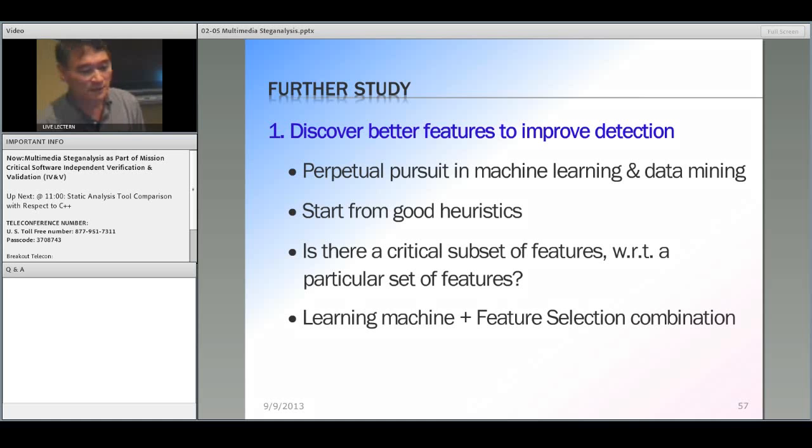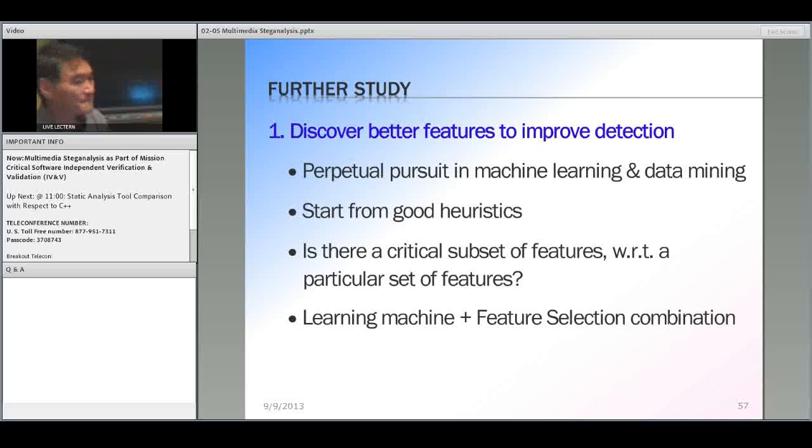And who's going to pay for that will become a problem. Because normally, if you want to do a good analysis, likely you have to use pretty powerful computers and run a long time to detect whether there's something hidden in it or not. So discovering better features to improve detection is one issue.